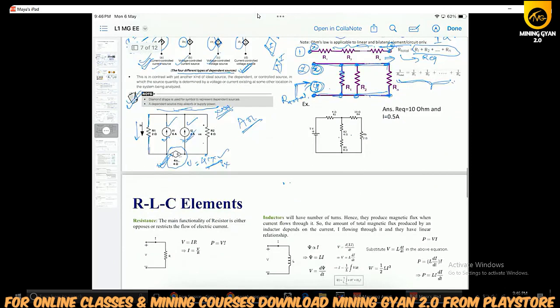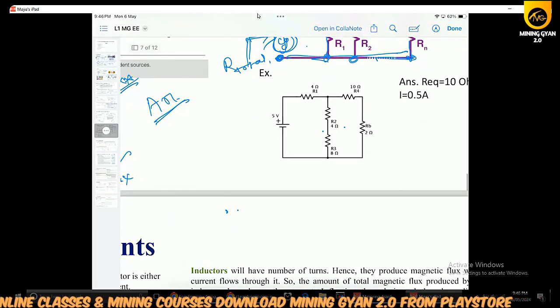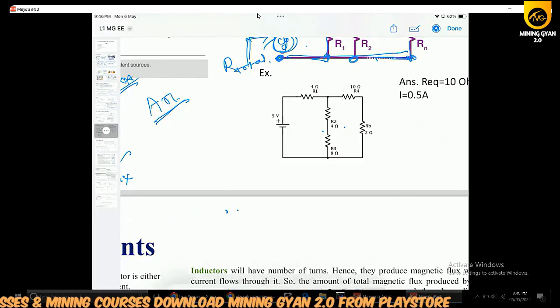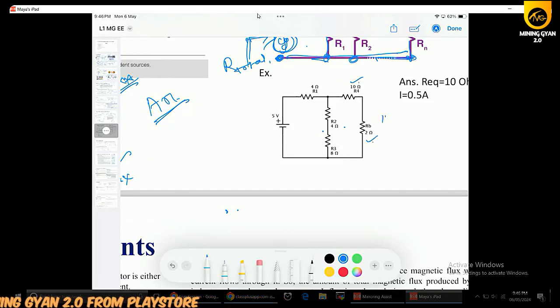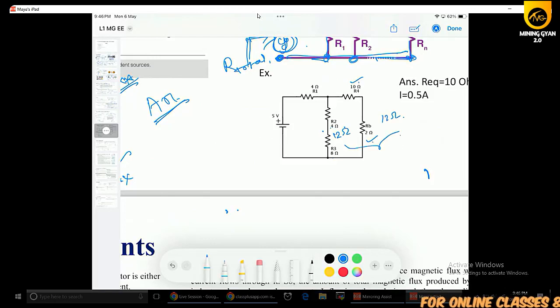And this is the example. How do we calculate the equivalent resistance? You can see that this is 10 ohm and this is 2 ohm, so 10 ohm plus 2 ohm is 12 ohm. These two resistances get added because they are in series, and these two are also in series, so 4 plus 8 is 12 ohm. Now the two 12 ohm branches are in parallel, so the total will be 6 ohm.